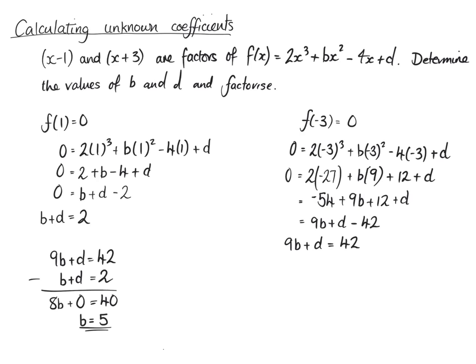And when we get b equals 5, we know that b plus d equals 2. So that means 5 plus d equals 2. So d has to equal minus 3. Okay, so from there, we are going to then factorize this.